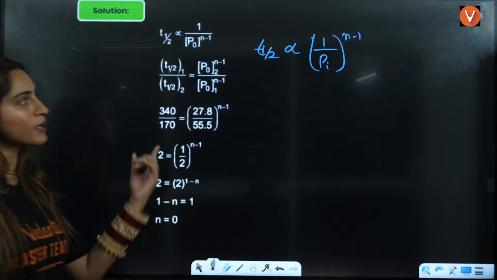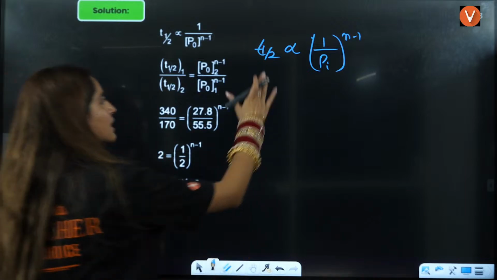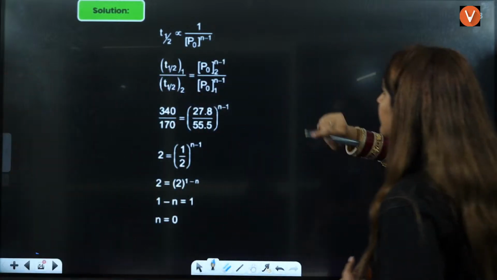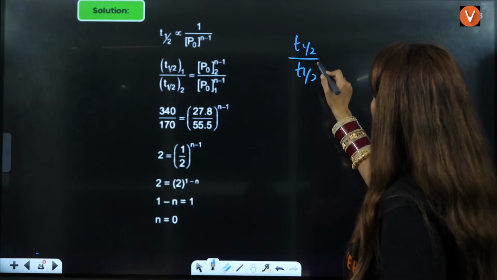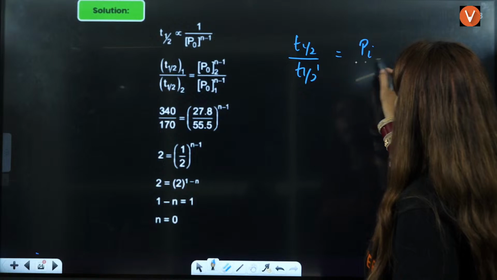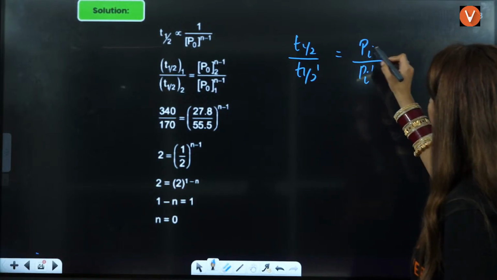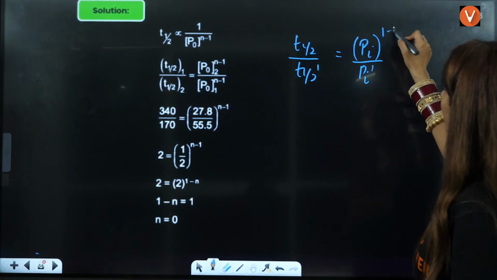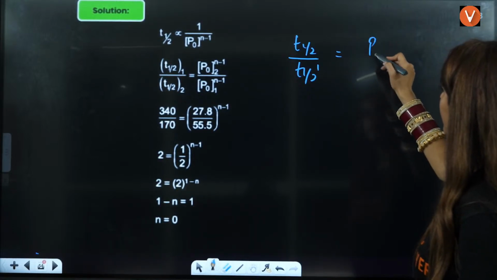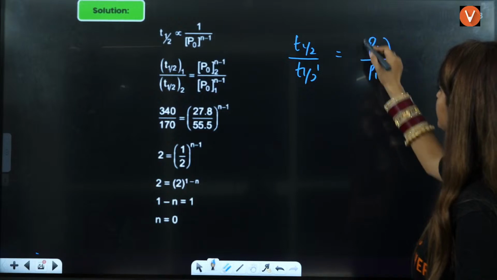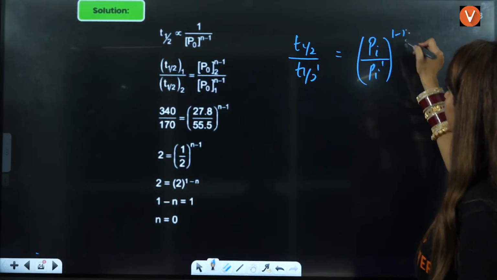Now because they are inversely proportional, I'll directly write T half dash is equal to P initial dash raised to power 1 minus N. So together we can write P initial by P initial dash is going to be 1 minus N.